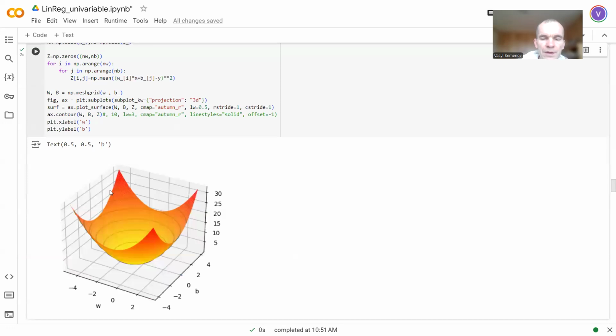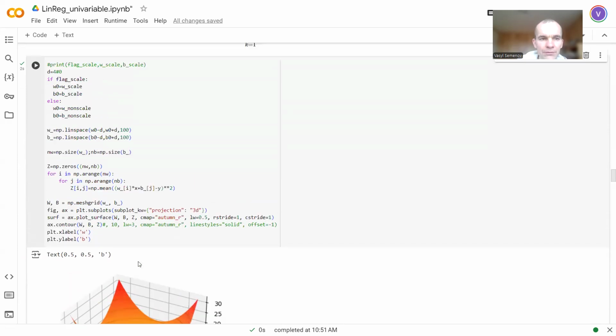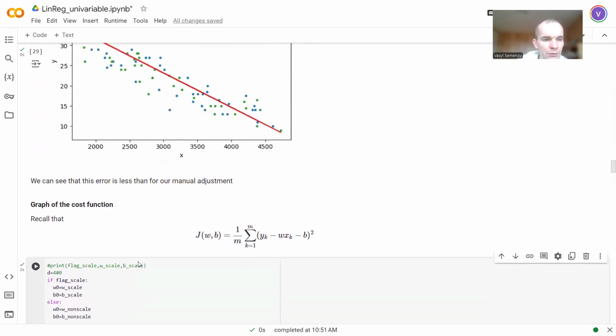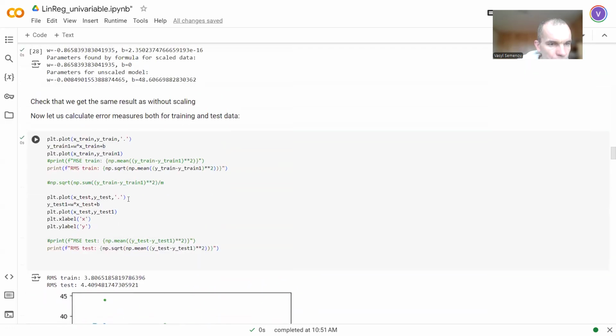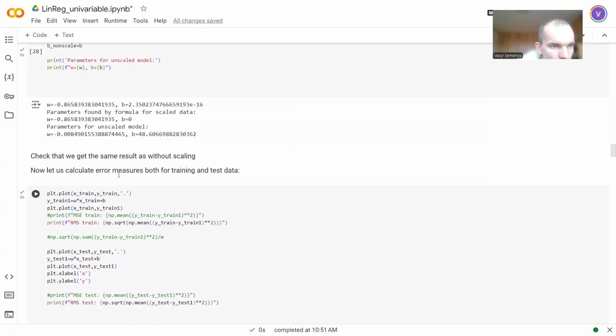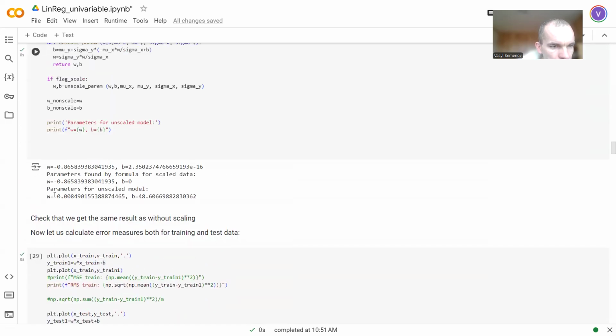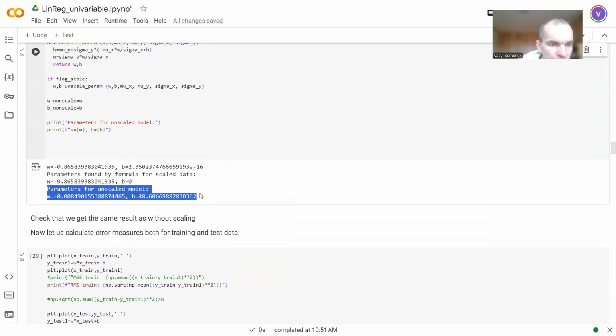Yes, when the data are scaled, the cost function has a very nice form, and we can also analytically find this point of minimum. And again, we have W and B shown here. Yes, these are the parameters for the scaled model, where b is equal to 0, and the parameters for the unscaled model, minus 0.008 and 48.6.